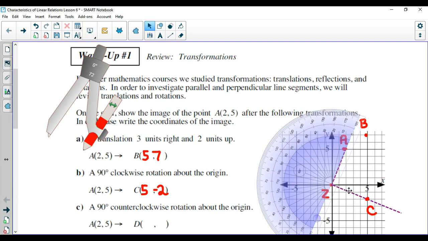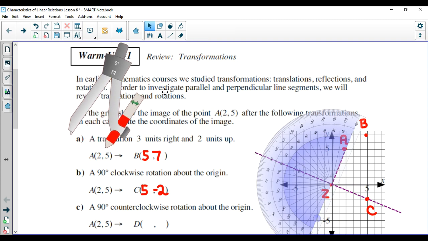Now, it turns out that this line that connects Z to point C, I can actually just extend it and it would give me a line that's along the 90 degrees. So I'm going to try to take this line and see if I can extend it. Okay, make sure it's along the protractor here. Okay, so around 90 degrees. Okay, so when I rotate this point A by 90 degrees counterclockwise, it's going to fall somewhere along that line.